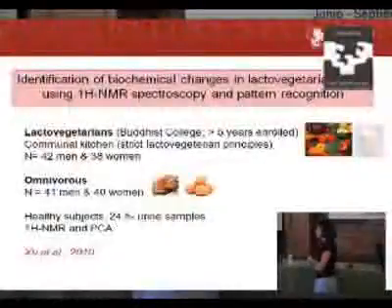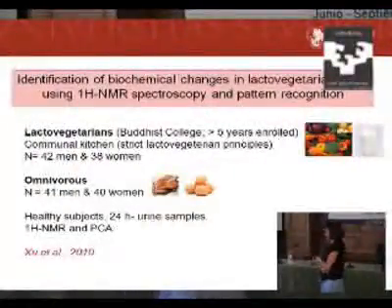The lacto-vegetarian subjects were from a Buddhist community, and they were enrolled in this community for more than 5 years, so it's a long-term period that they have been strict lacto-vegetarians.